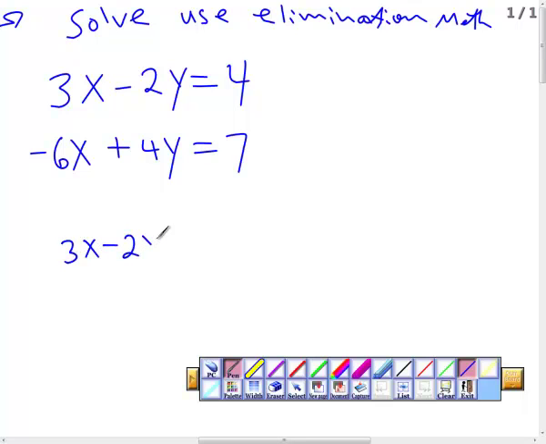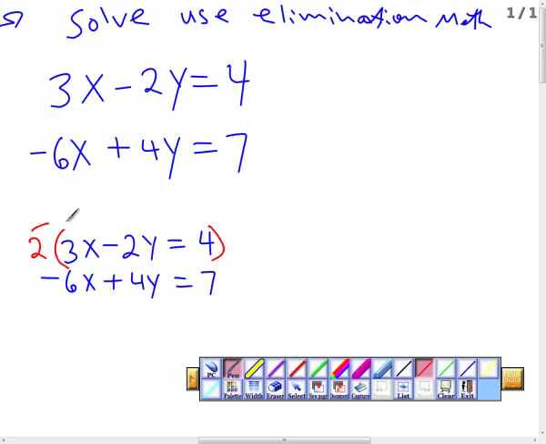So go ahead and multiply 2 into the first equation. And then the second equation, you're not going to do anything. And then let's see what happens. Okay, go ahead and try that.